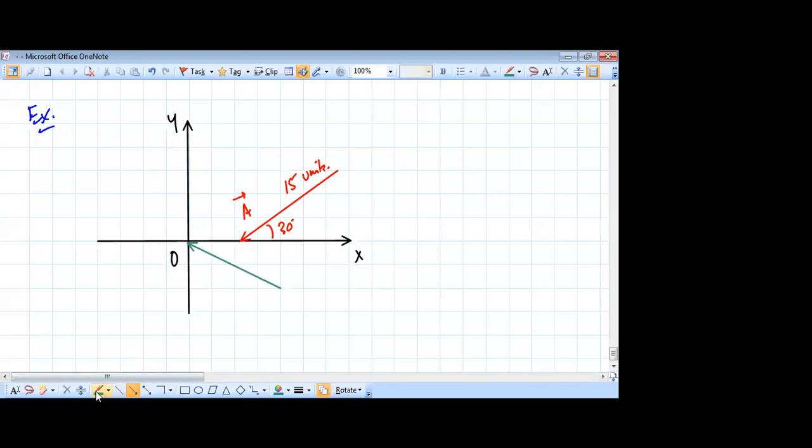This is vector B. ये एंगल 60 डिग्री है, इसका मैग्नीट्यूड 12 यूनिट्स. सो फाइंड E डॉट B.